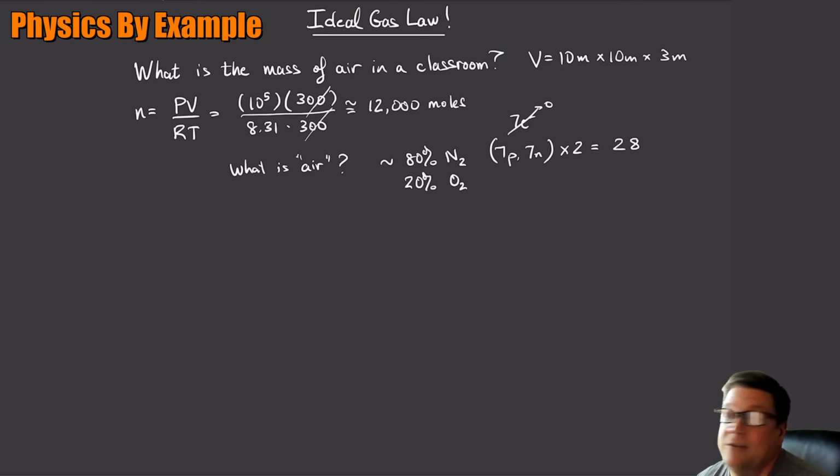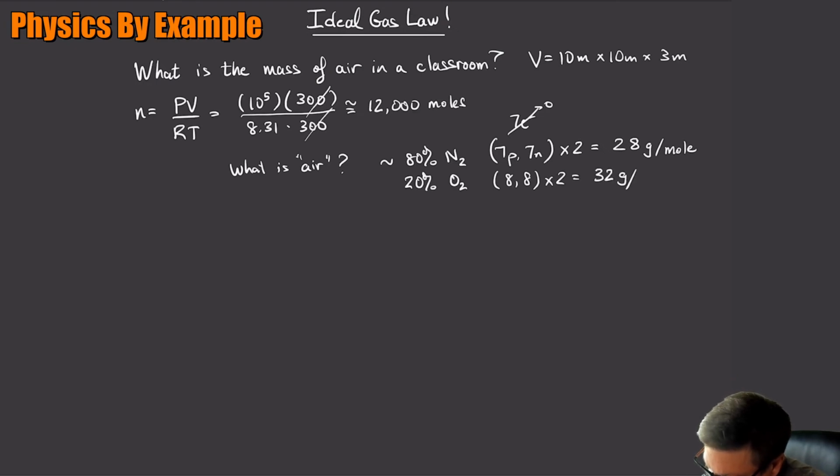That's how the mole is defined. So if I've got 28 nuclear particles, this is going to weigh 28 grams for every mole. Cool. What about oxygen? Oxygen is 8 and 8, times 2. So that's going to be 32 grams per mole.